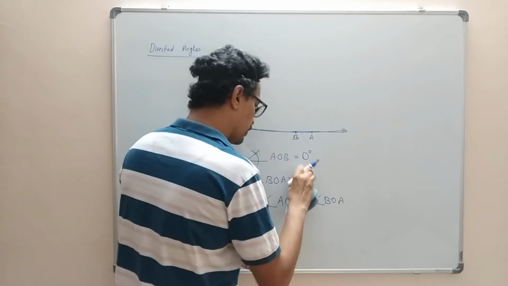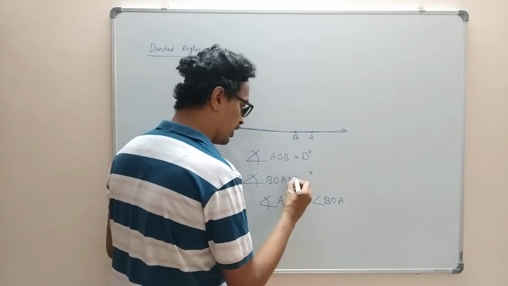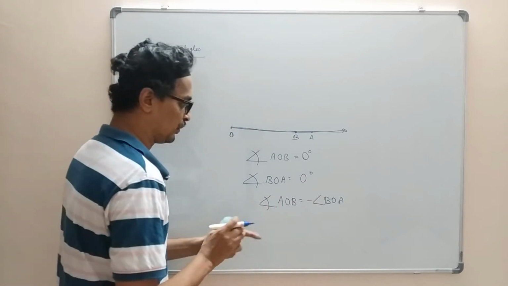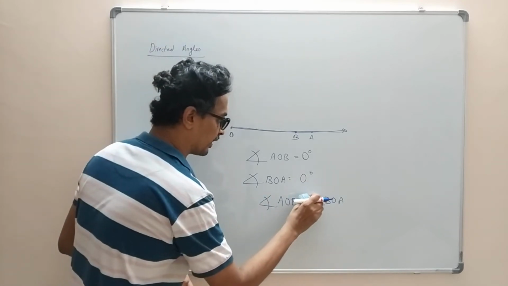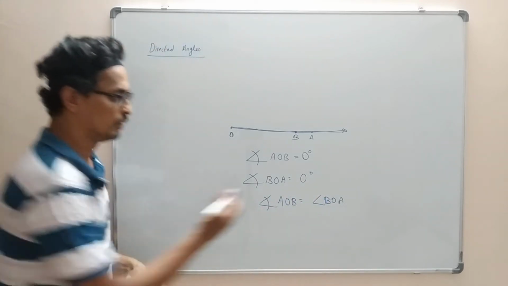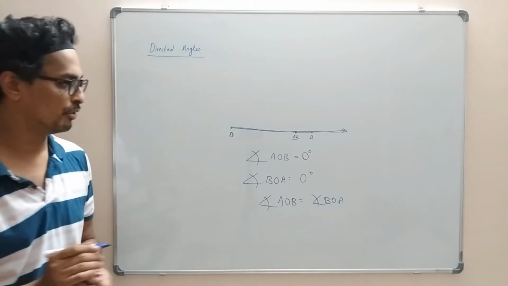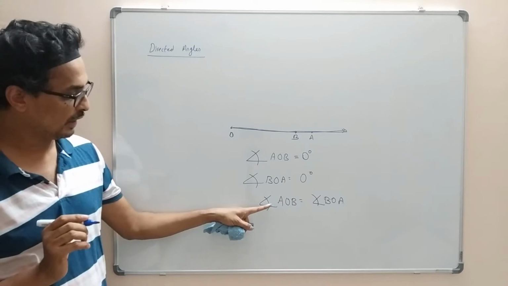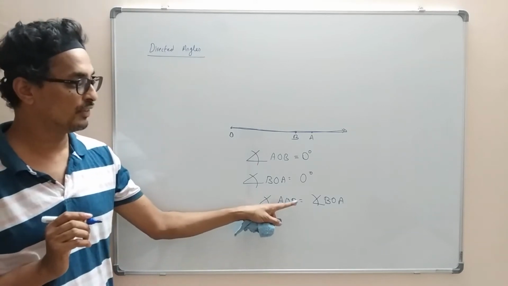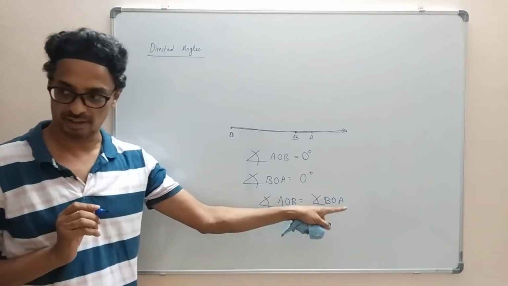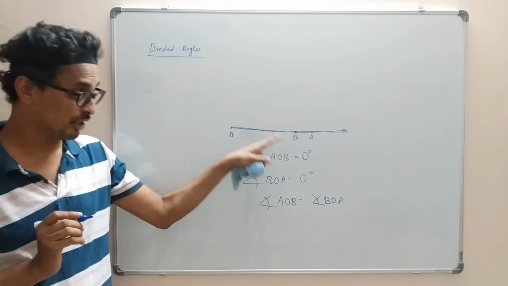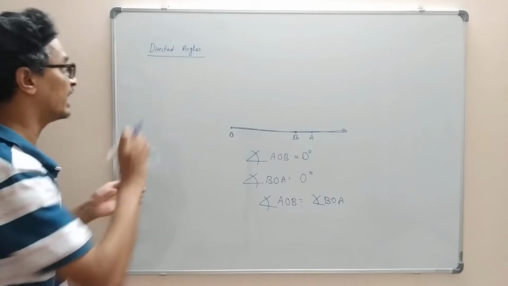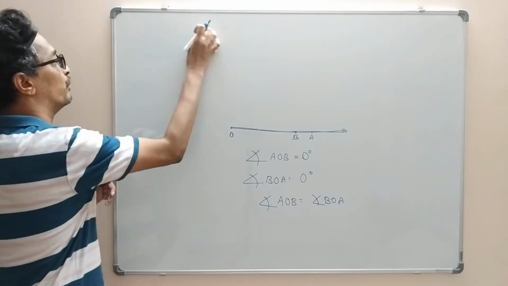And angle BOC will also be equal to 0 degree, or you can put minus, 0 doesn't have a sign, so it will again be 0 degree. So in that case, directed angle AOB will be equal to directed angle BOA. Whenever directed angle AOB is equal to directed angle BOA, it always means that the angle between them is 0. So this angle is called your zero angle.